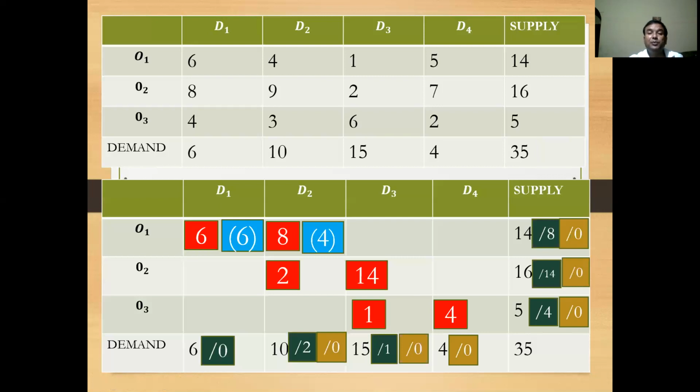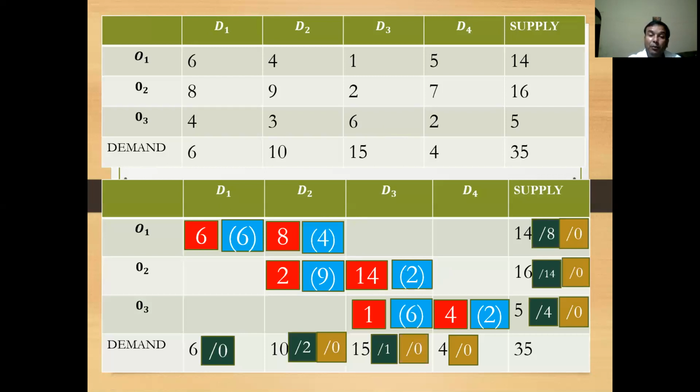Now we simply fill up the red marked cells with their corresponding costs. So this is 9, this is 2, this is 2, then this is 4, with 4 this is 2, and with 1 this is 6. So the table has been done.